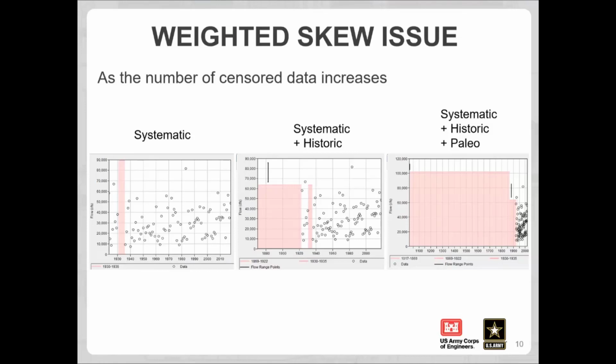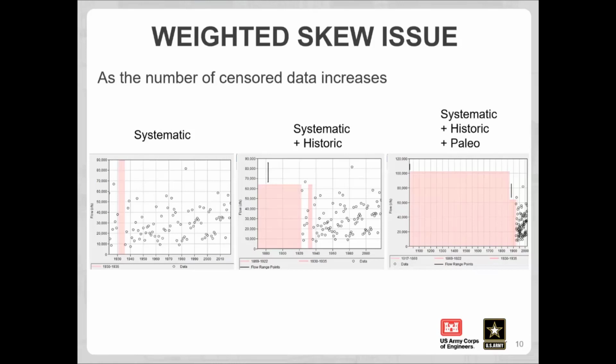One way you can visualize the issue is to split up the analysis into parts. On the far left, we start with only looking at an analysis of the systematic data. The middle plot is the addition of some historical information, so in this case, 1 historic flood event and the remaining historic period defined by a perception threshold.